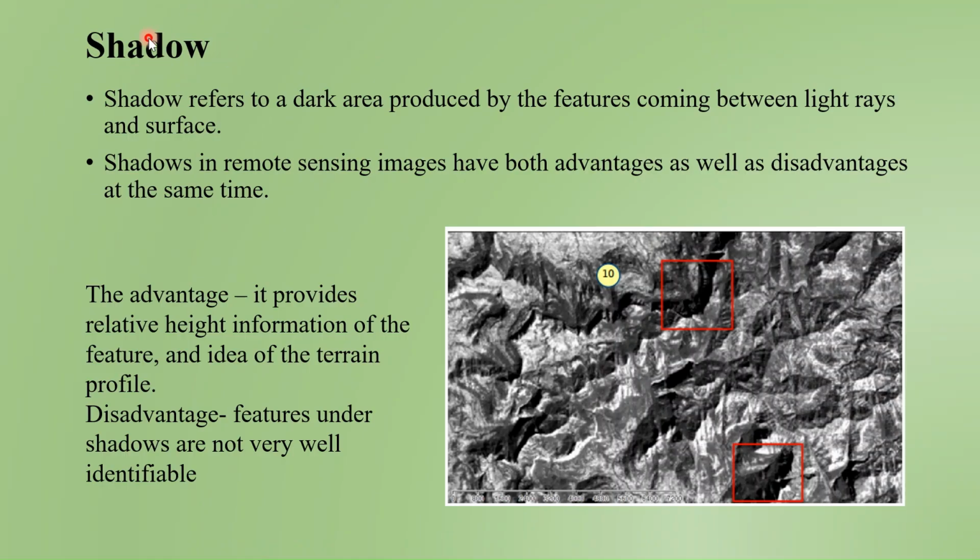The next element is shadow. It refers to the dark area which is produced by the features coming between the light rays and the surface. This shadow has both advantage as well as disadvantage at the same time. The advantage is that it provides relative height information of the feature and an idea of the terrain profile, while the disadvantage is that features which are under shadow are not identifiable.